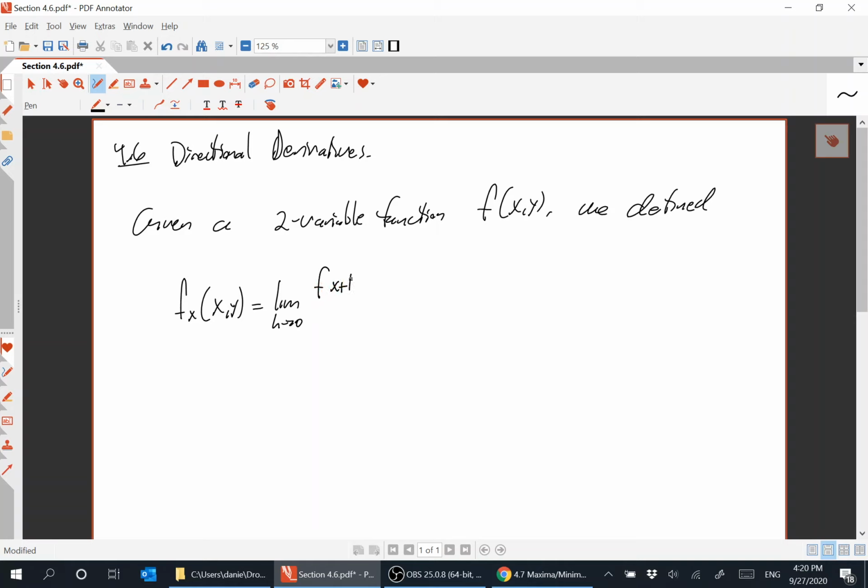So x varies by h, but y stays the same. So the partial derivative with respect to x is really just the ordinary single variable derivative where the letter y represents a constant.